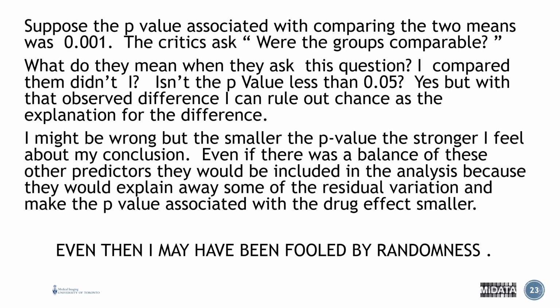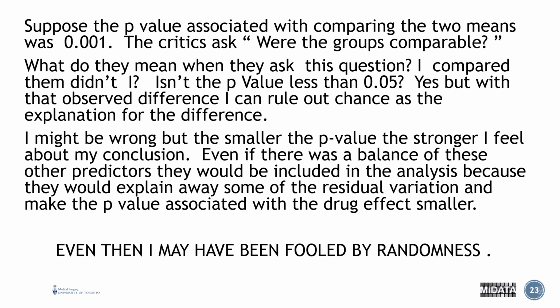So even if there was a balance of these other predictors, as we just said in the previous slide, we should account for these variables because they may be out of balance and associated with the outcome, so they would be included in the analysis. Well, we keep them in the analysis because they would explain away some of the residual variation and make the p-value associated with the drug effect smaller.